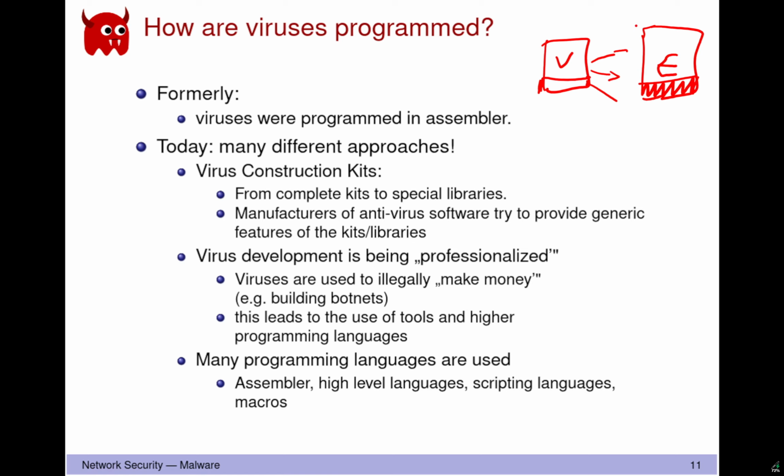Typically the instructions are executed one after another, but you want to have the virus part executed as well. So you have to think, where do I place it in the file? How do I change the program counter at some time in the execution of the file so that my virus code is executed? So you have to think about the file setup.